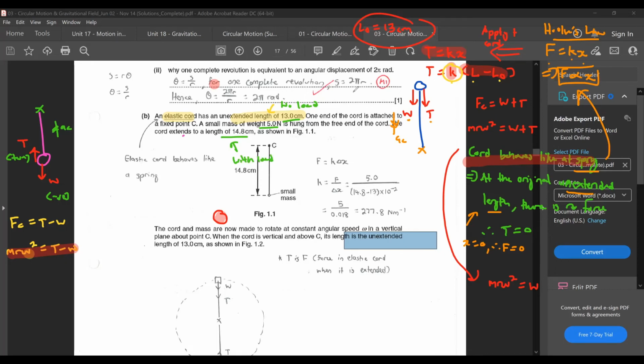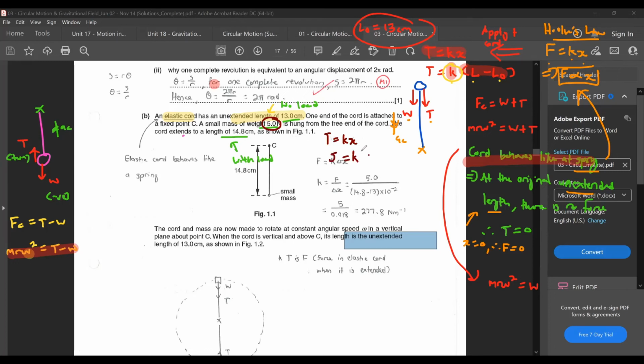Okay. Now, if I wanted to find specifically the spring constant from this information, you can just say that T is equal to Kx. Maybe I better just write at the top, at the side here. T is equal to Kx. In your case, your T, or rather your force exerted, is 5.